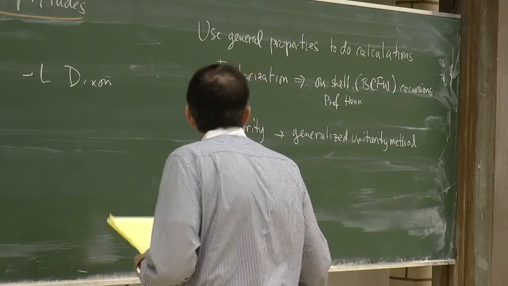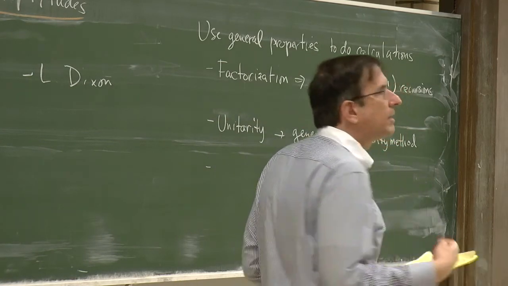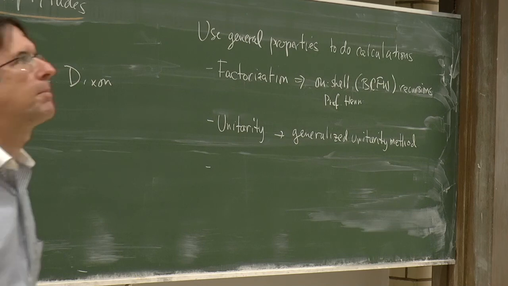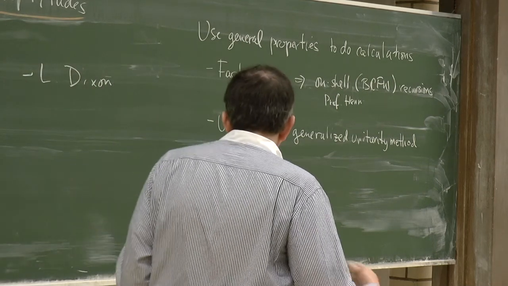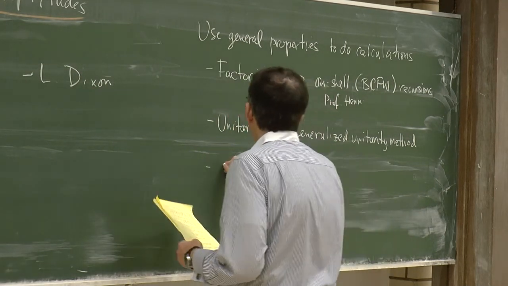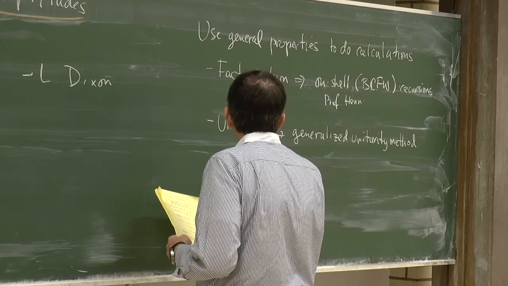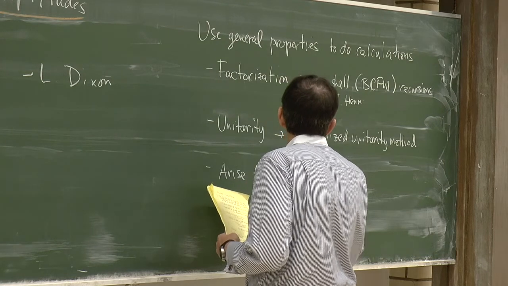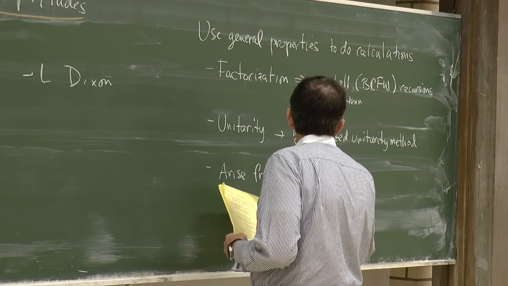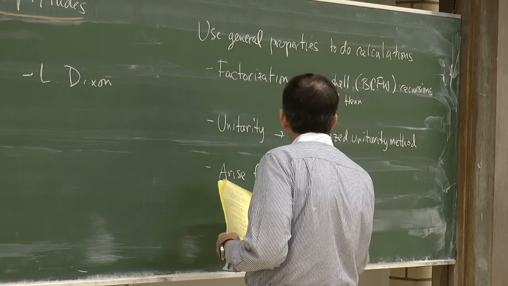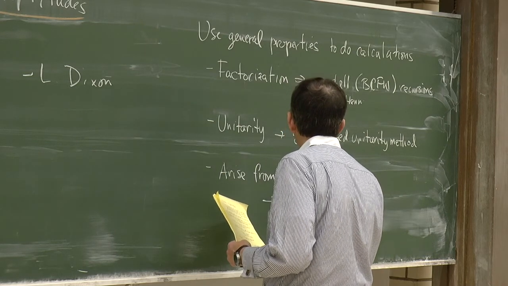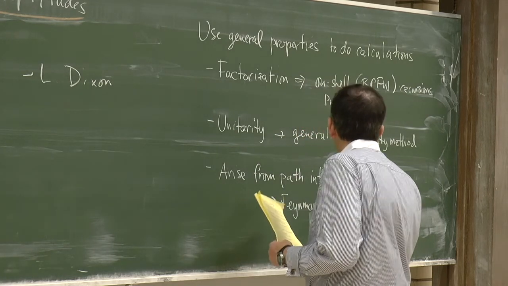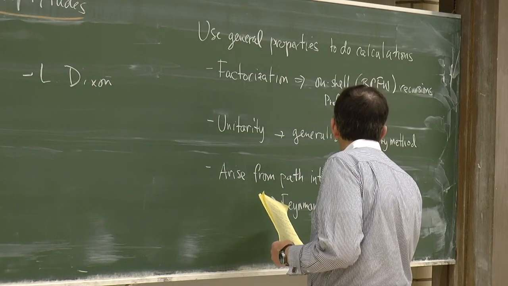We do still have the idea that things arise from an underlying path integral, even if we don't have to use it explicitly in calculation. And so that, in turn, tells us that we have to play with Feynman integrals, even if we are not going to use Feynman diagrams.